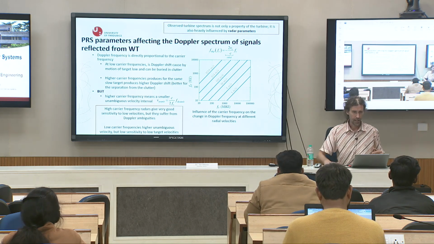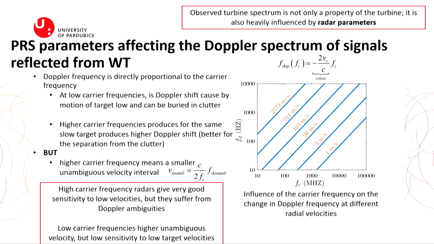So higher frequencies give us very good sensitivity at low velocities, but they suffer from Doppler ambiguities. And again, we are back. We did this during the whole morning, during the tutorial and yesterday. A lower carrier frequency gives higher unambiguity, which is better, but low sensitivity to low target velocities.